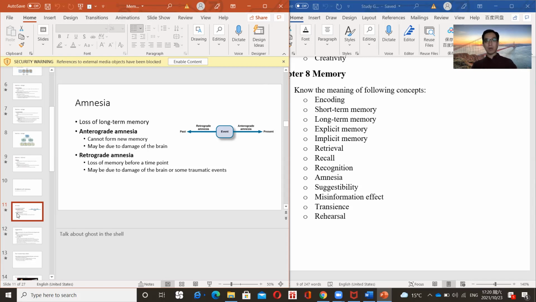They can remember well what happened in the past, but they cannot form new memory. The encoding process is problematic. The encoding process is not there because of brain damage or something else. The brain cannot work well to encode new information into the memory.